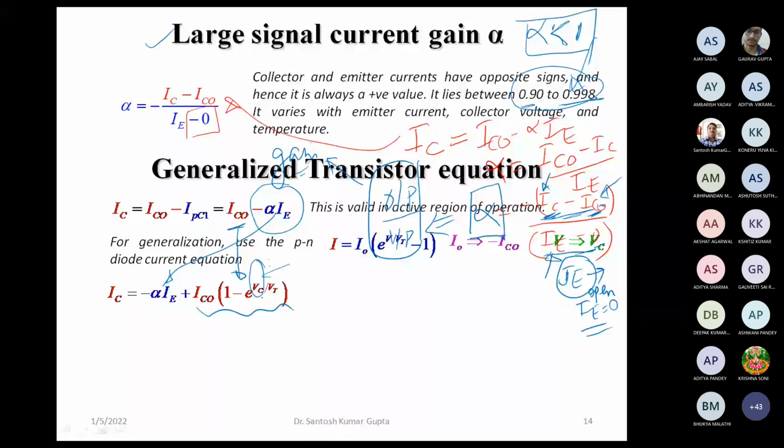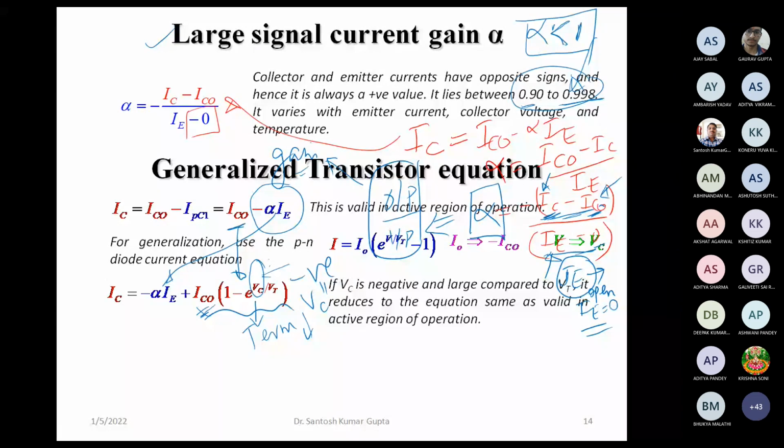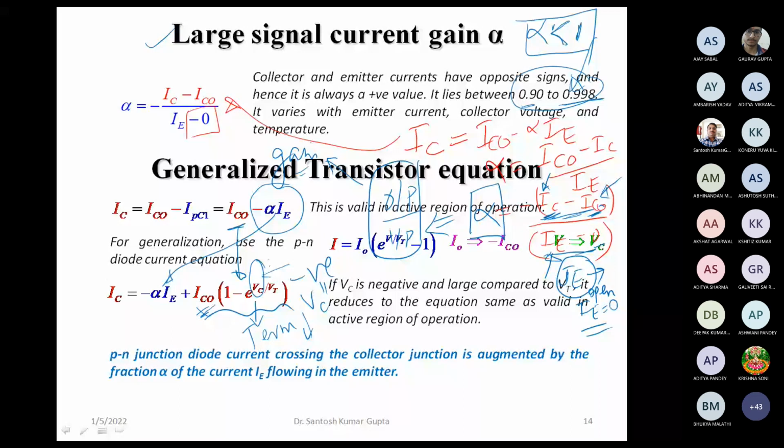So as VC increases, this term reduces, and this becomes ICO. This is where we stop today. We can represent this collector current also in this form.